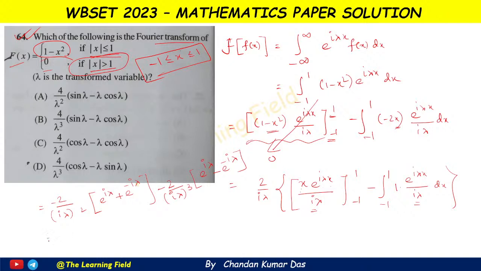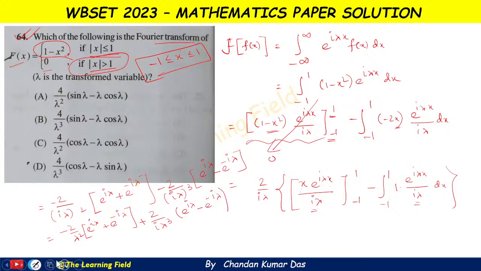Okay, you must take once, so this gives minus 2 by lambda square into e to the power iota lambda plus e to the power minus iota lambda. Okay, minus, so i square gives minus 1, so minus minus gives plus 2 by iota lambda cube into exponential iota lambda minus exponential minus iota lambda.